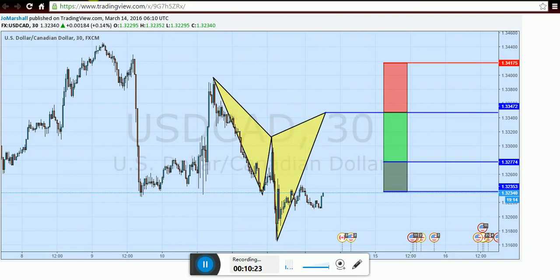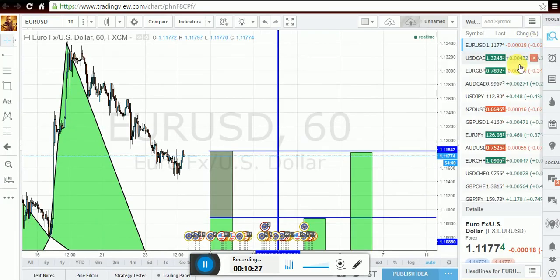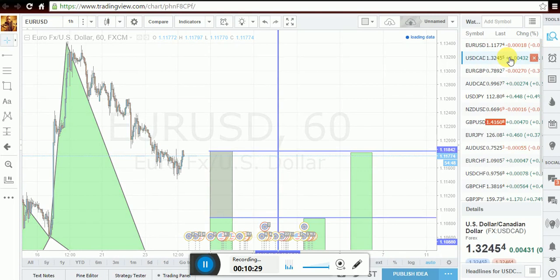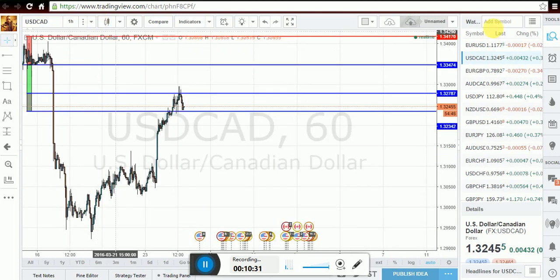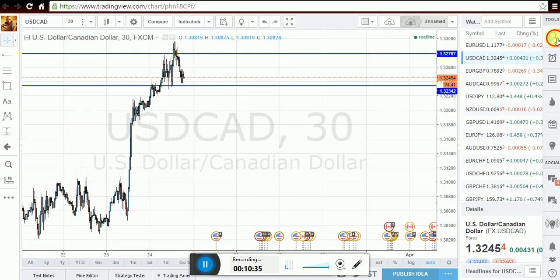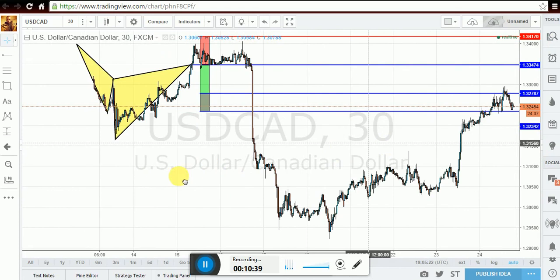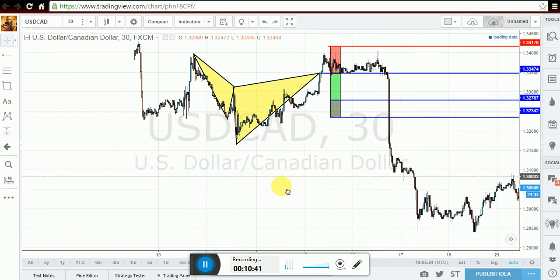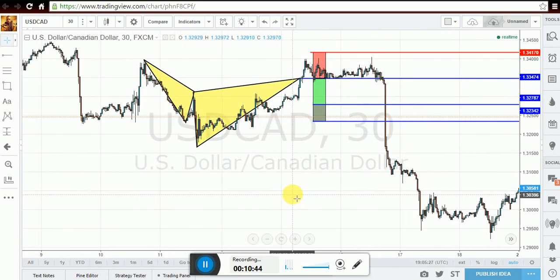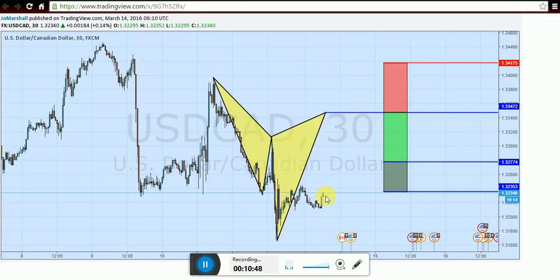Let me go over to the chart and show you what happened in that one. US dollar Canada, on a 30-minute time frame. So this was the trade. As you can see, I sent out this trade way before the market got there.